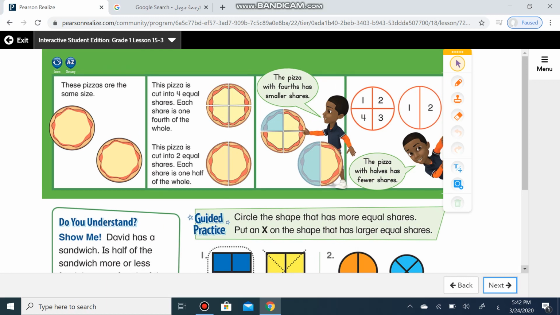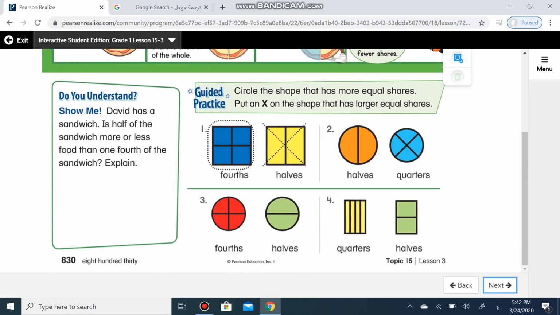Let us move to the exercise. Read the question. Circle the shape that has more equal shares. Put an X on the shape that has larger equal shares. So the question asked me to do 2 things. First, circle the shape that has more equal shares.